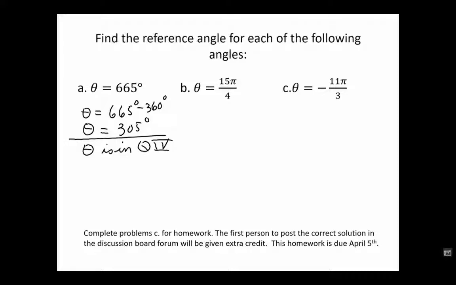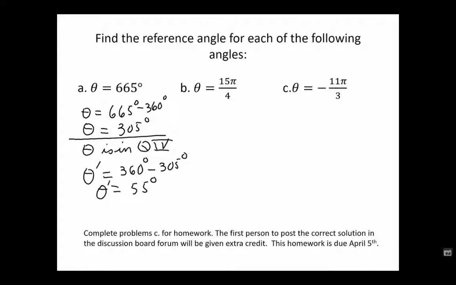So now we need to find a reference angle for theta. All right, since theta is in quadrant 4, the reference angle can be found by what? Subtracting theta from 360 degrees. So that's 360 minus 305 degrees, which is 55 degrees.